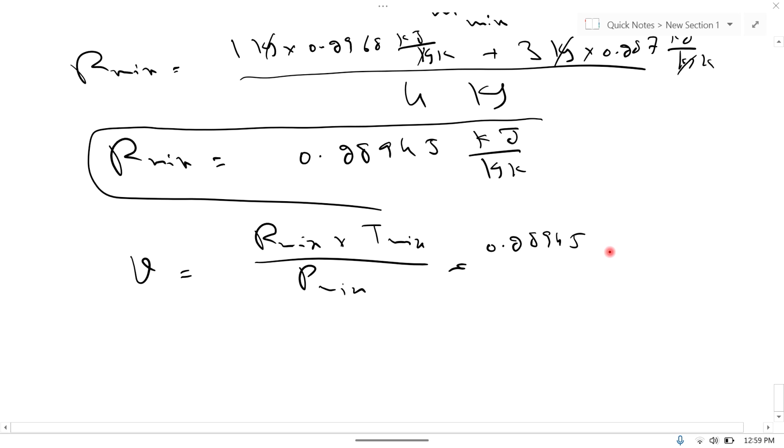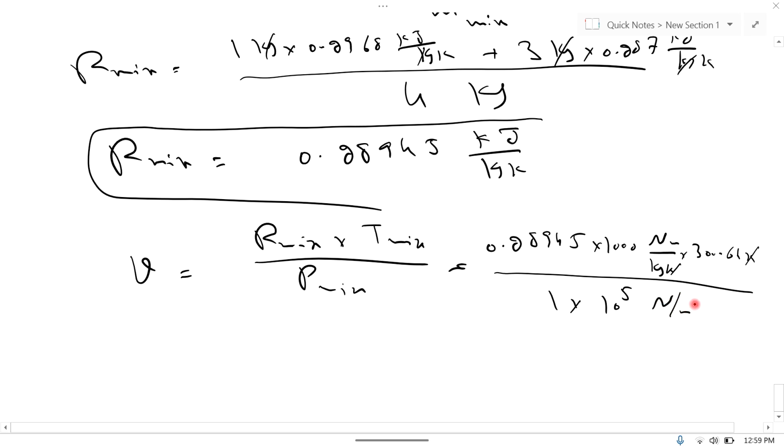and kilojoule. So kilo is equal to 1000 and joule is equal to Newton meter per kilogram per Kelvin. Multiplied by temperature of the mixture, which is 300.64 Kelvin. This Kelvin will be cancelled with this Kelvin. And pressure is 1 bar, which is 1 multiplied by 10 power 5 Newton per square meter. So we find the specific volume.